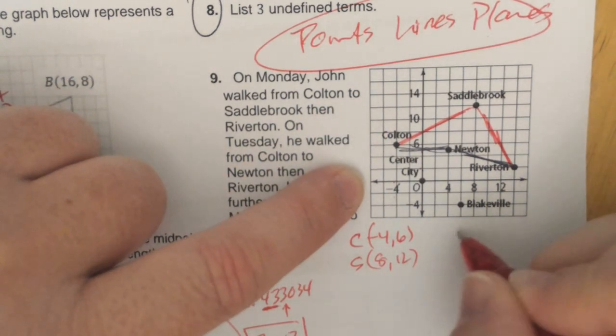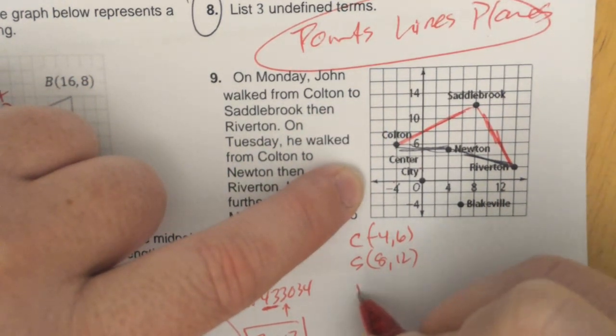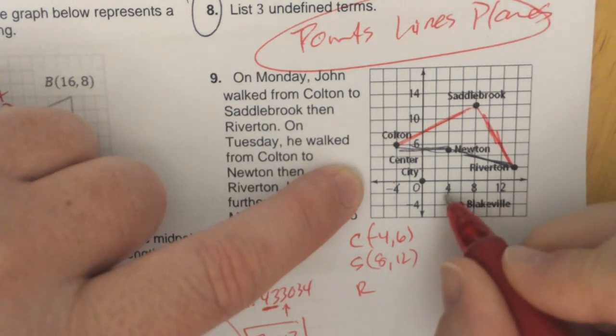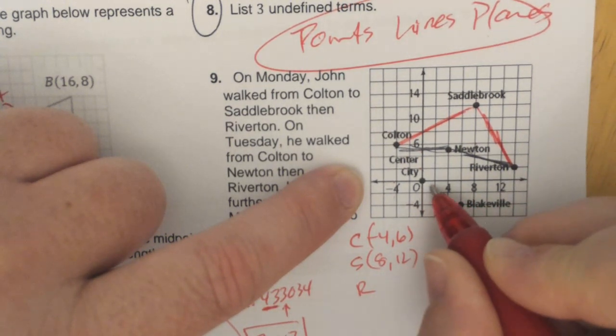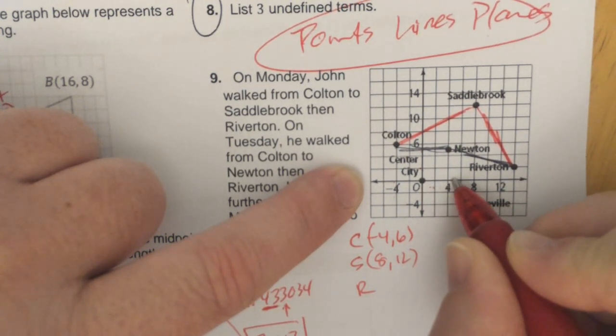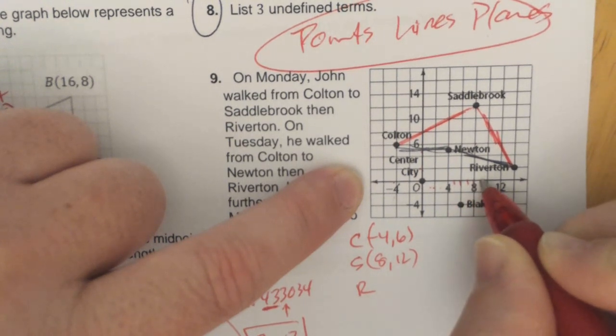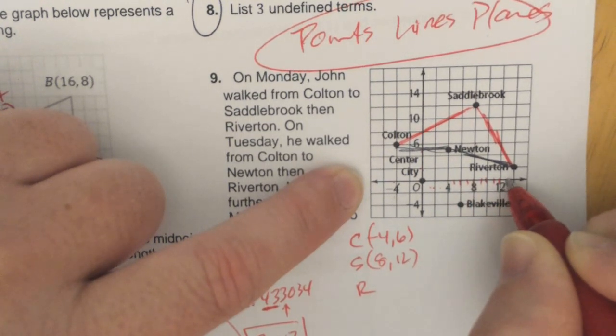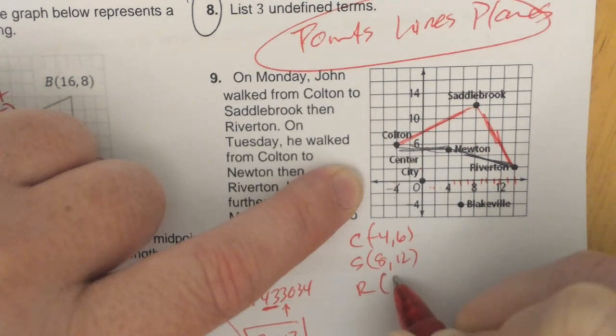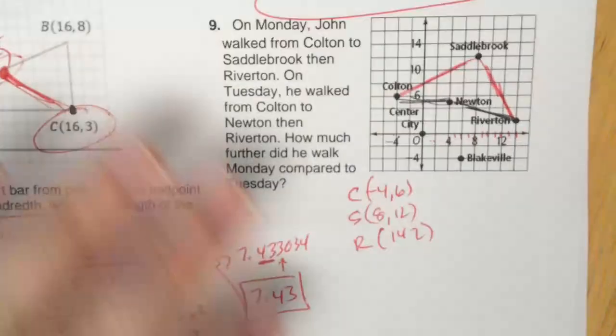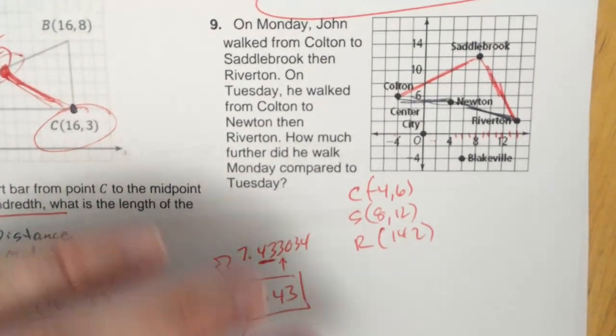And then Riverton is at, okay, that's 2, so that's 1, 2, 3, 4, 5, 6, 7, 8, 9, 10, 11, 12, 13, 14. So Riverton is at 14, 2. So that's where a big mistake happens, knowing where those are located.